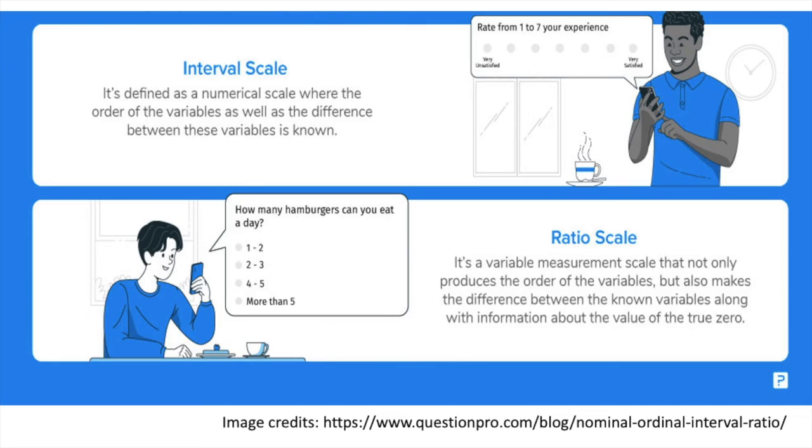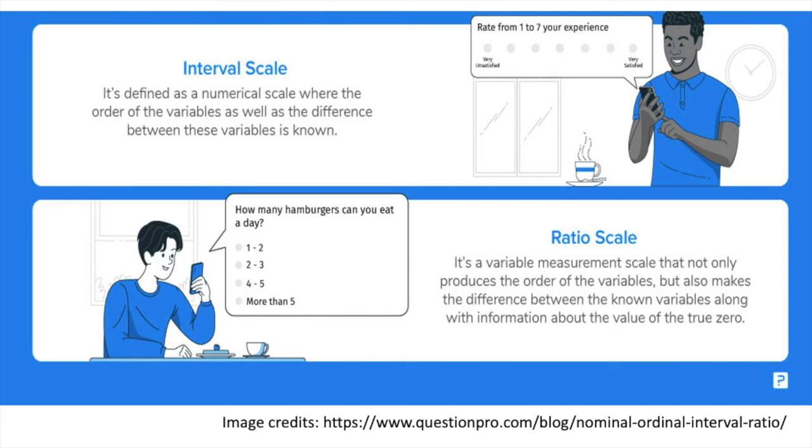Next, we have the interval scale. It's defined as a numeric scale where the order of variables as well as the difference between those variables is known. Interval scale examples: there are situations where attitude scales are considered to be interval scales.